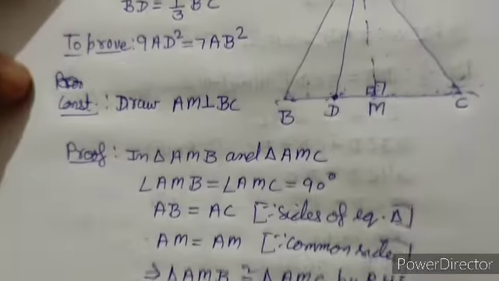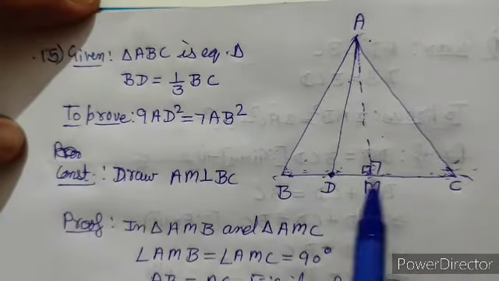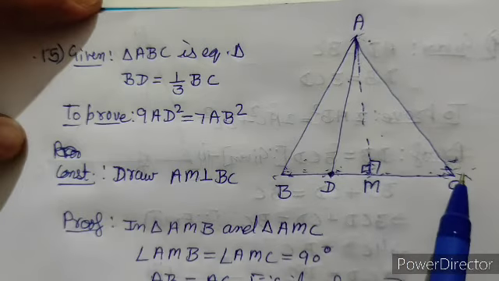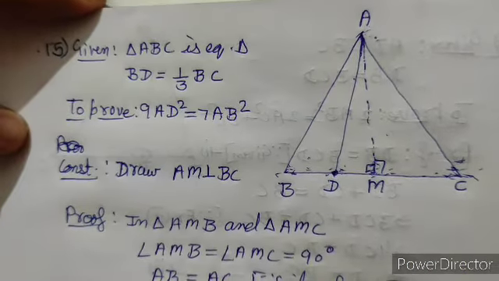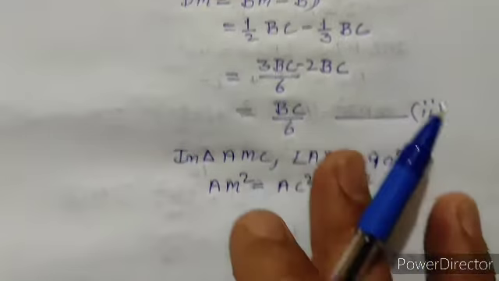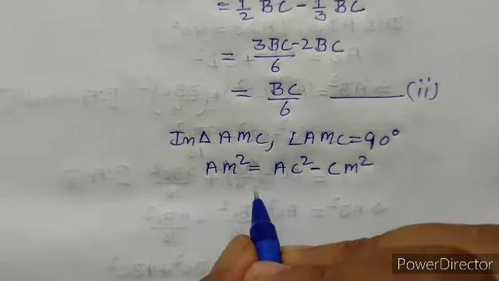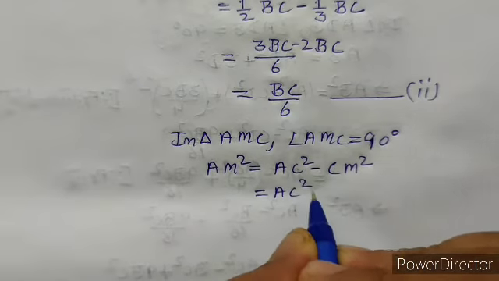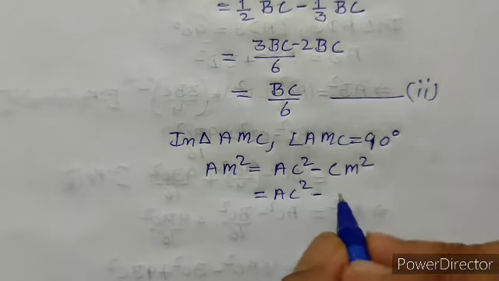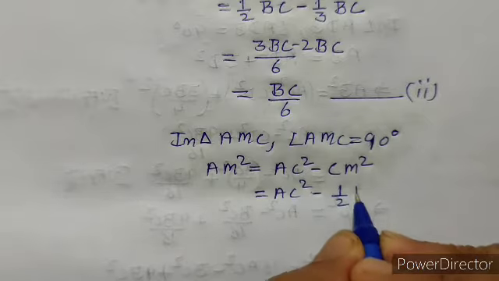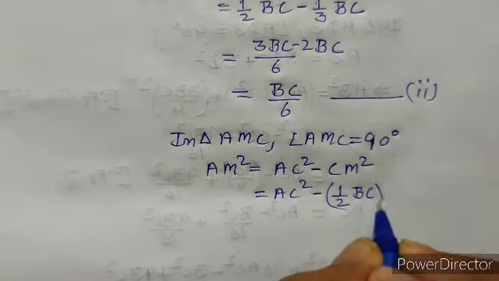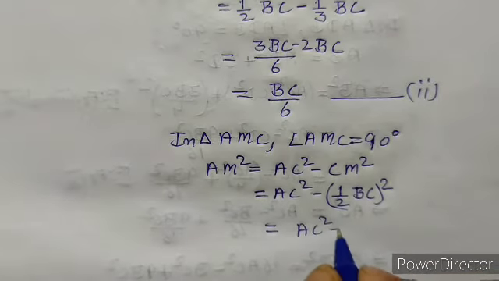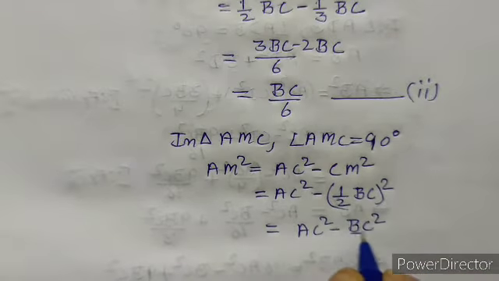Now AC square remains AC square, and CM was half of BC, so CM square can be written as half BC square, and this will give us AC square minus BC square by 4.